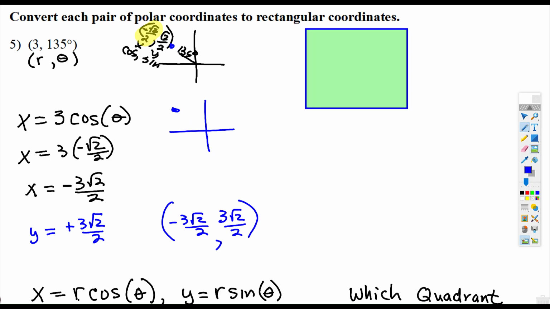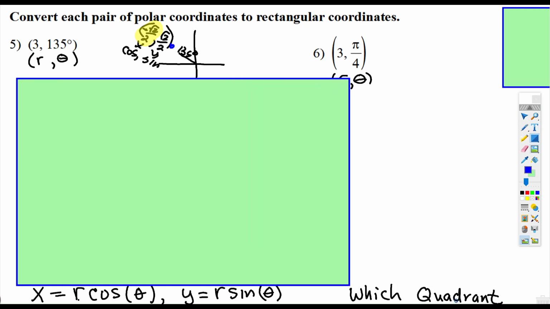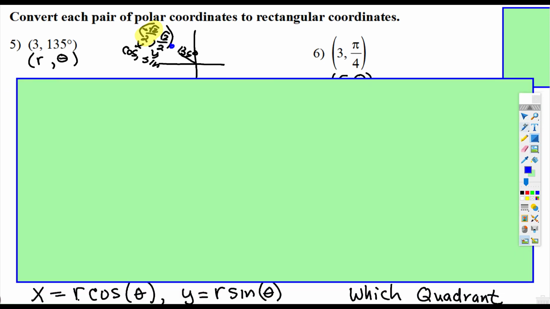Okay, and I think, let's see. Yeah, if it's in radians, same thing here. Let me cover all this stuff up. Notice we're going to be in the first quadrant because those are both positive. And at pi fourths, you've got positive root 2 over 2 for the cosine, positive root 2 over 2 for the sine.